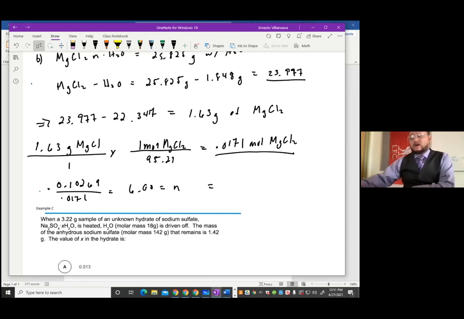Which equals the moles of water. So basically what we came up with is that n is equal to 6. So your magnesium chloride formula looks like this.